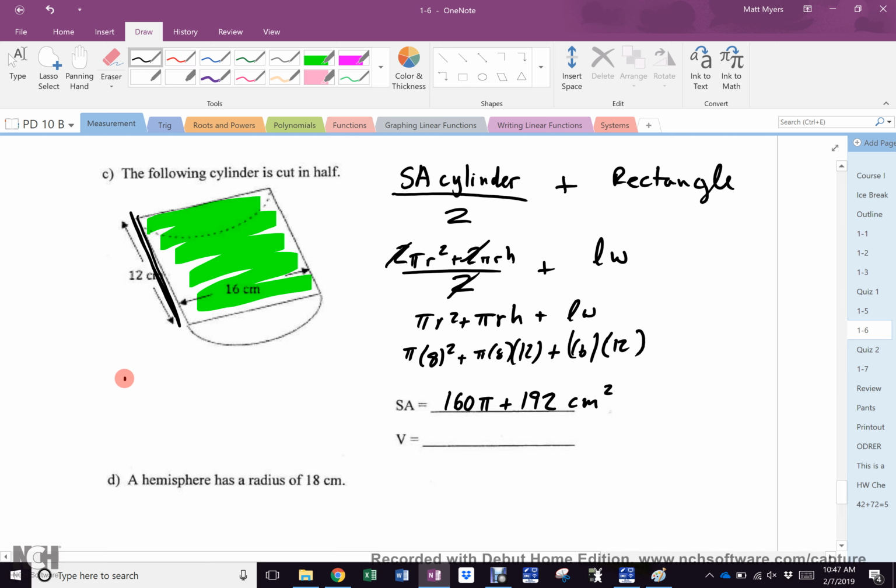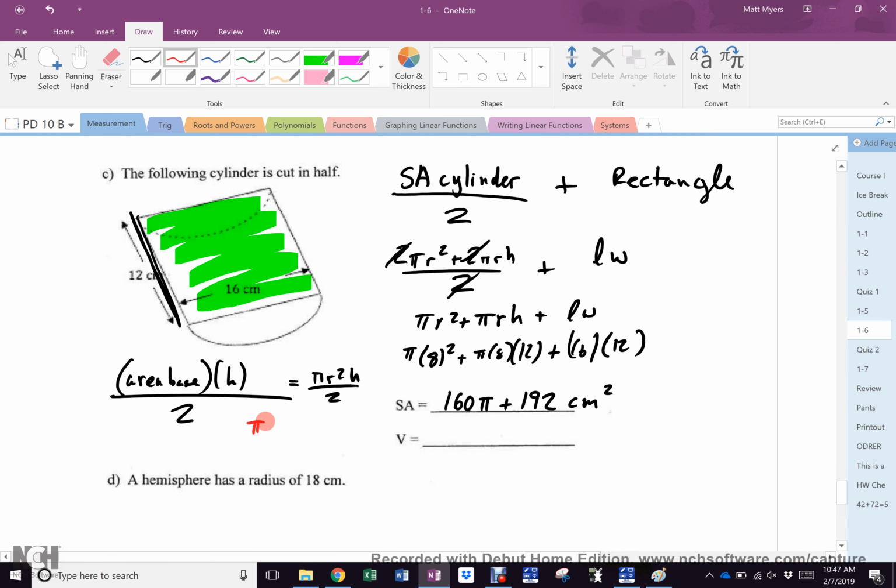Volume is, of course, pi. Oh, wait. It's area of the base times the height, and since it's cut in half, it's divided by 2. So it is pi r squared h divided by 2.